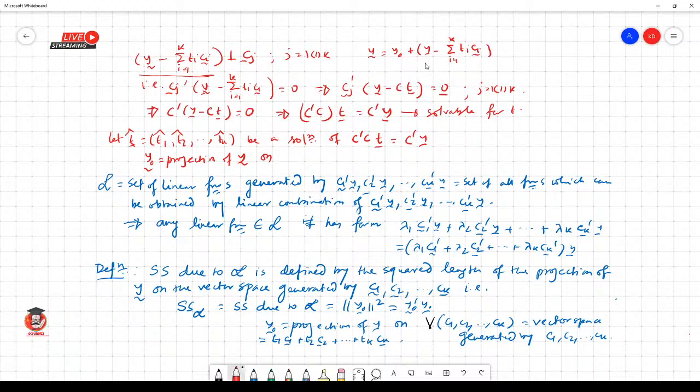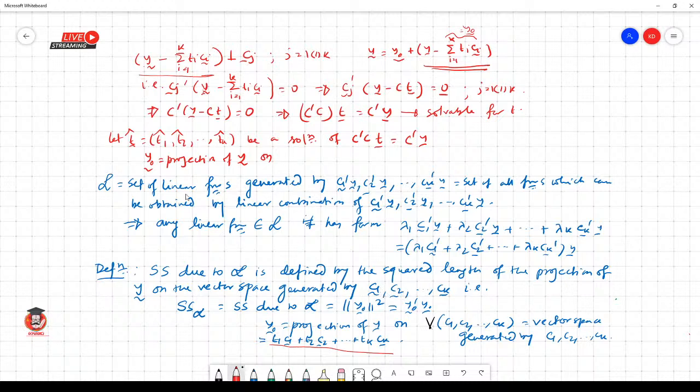So this belongs to the orthogonal complement space of V, C1, C2, ..., Ck, and this belongs to V. For this reason this portion is orthogonal to Cj. And see that y naught is this. This is y naught curl. So please change, this is y curl, not y naught.